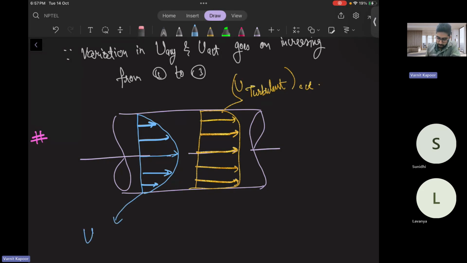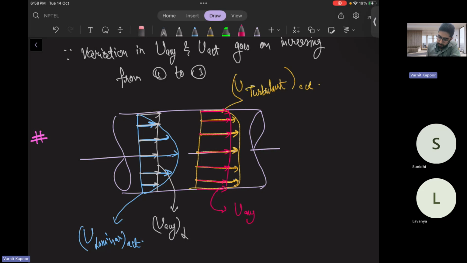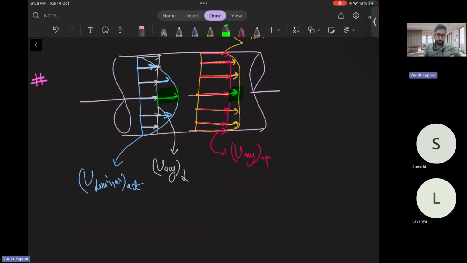This is U laminar actual. If I draw U average laminar, and similarly U average turbulent, you see that the deviation here is higher compared to the deviation here, right?